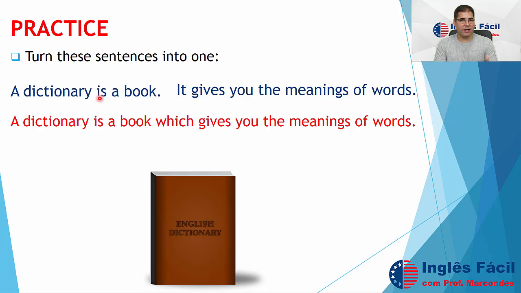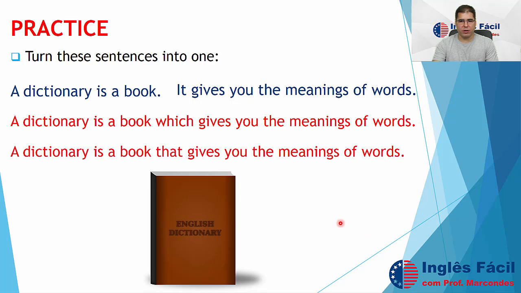So we have the main sentence, which says that a dictionary is a book, and we also have another sentence with more information that specifies what a dictionary is, right? Of course, if you prefer, a dictionary is a book that gives you the meanings of words, okay? Very simple, right? There's only one difference between people or things, okay?